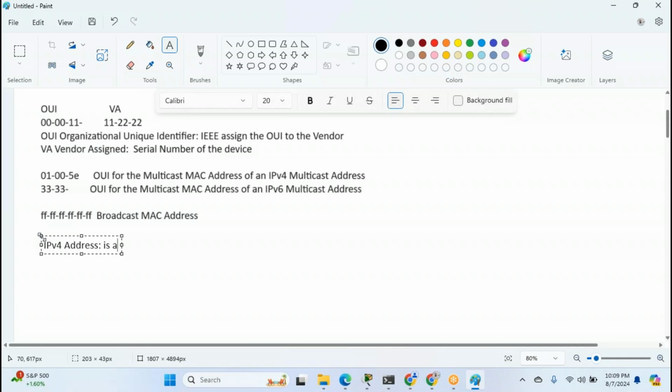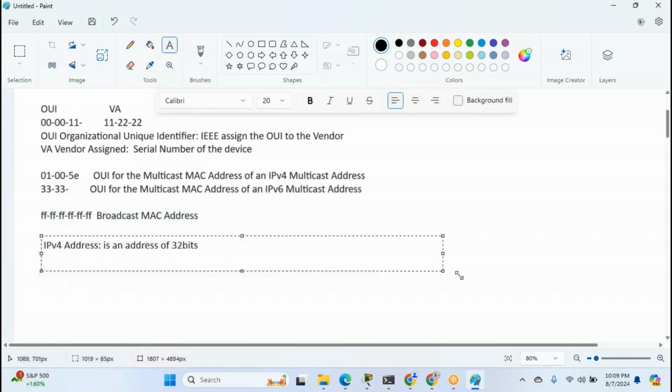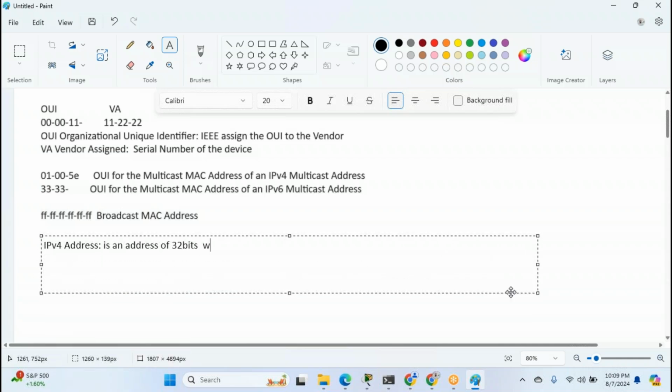An IPv4 address is an address of 32 bits, written in the form of 4 octets, 4 portions of 8 bits.